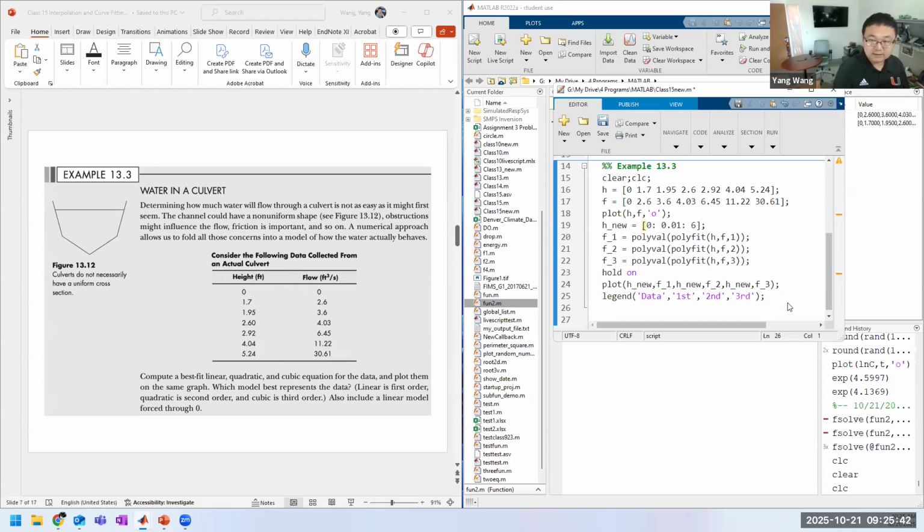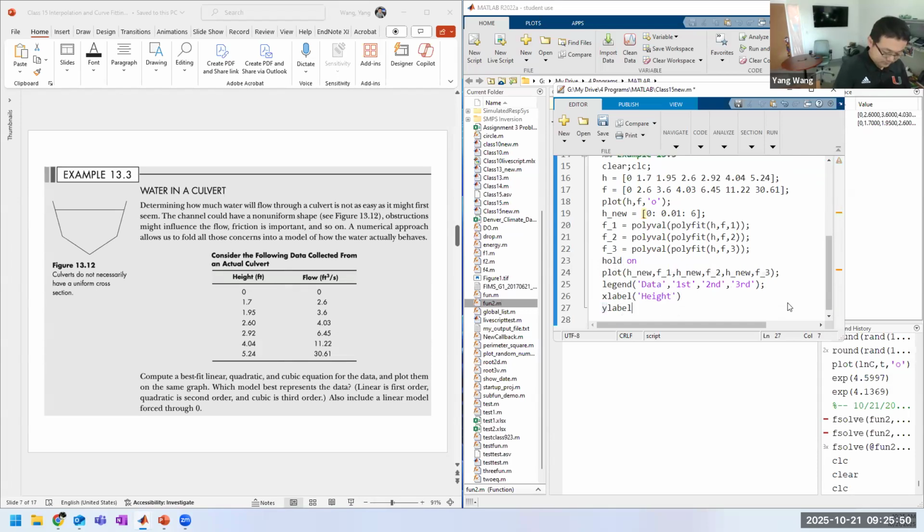And then let's add the axis titles. X label, height, Y label, flow. To make it more accurate, we can add the units as well: ft to the power of 3 per second.